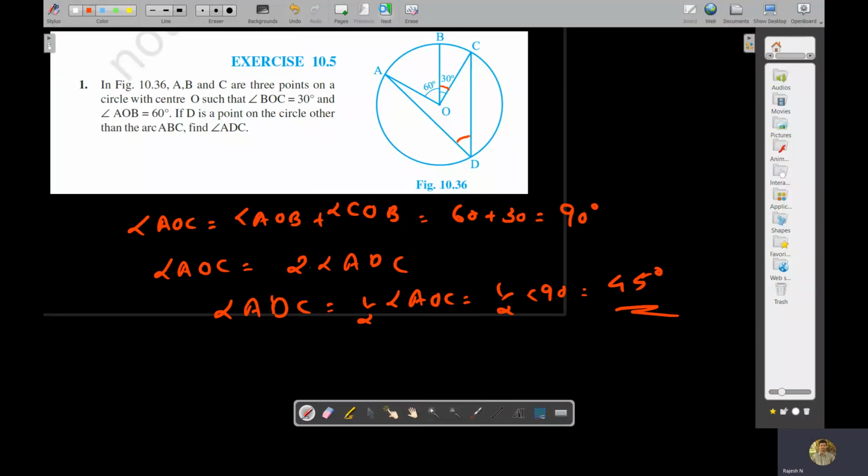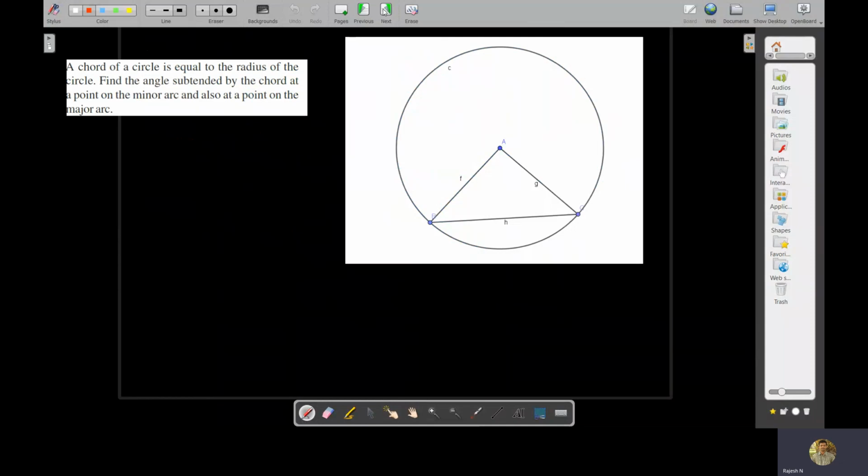Next. A chord of a circle is equal to the radius of the circle. Find the angle subtended by the chord at a point on the minor arc and also at a point on the major arc.